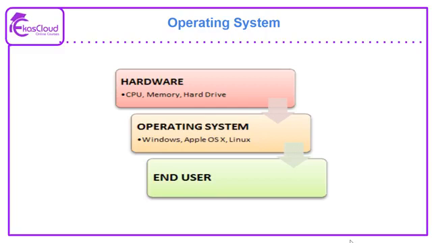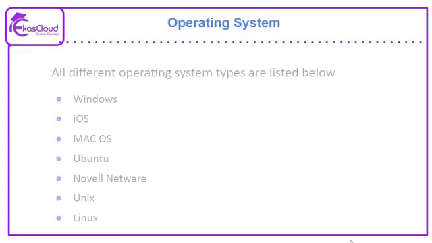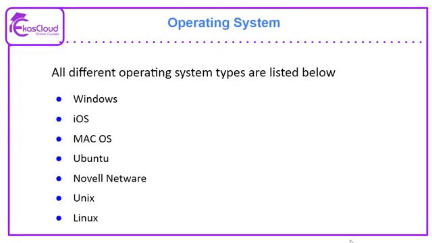There are many operating systems, not only Windows; other vendors exist too, like Linux. This is an example of operating system interactions. Next, all the different operating system types are listed below.